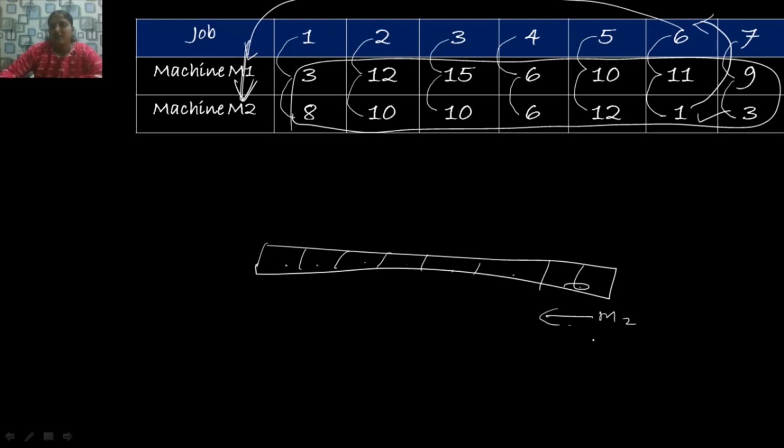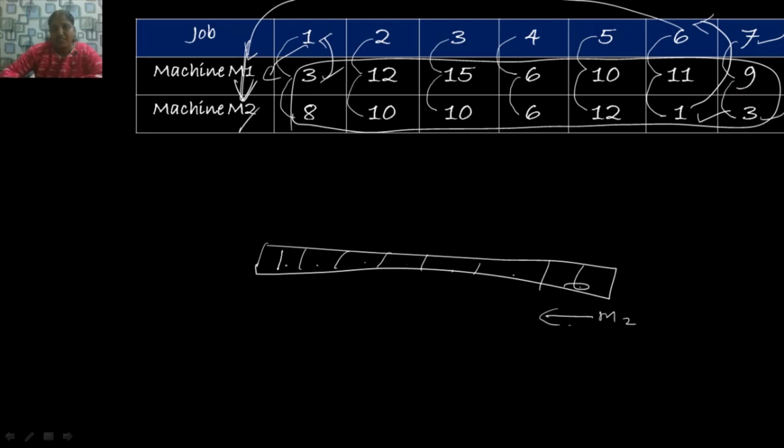The next minimum processing time is 3. This corresponds to 2 jobs: job 1 on machine M1, and job 7 on machine M2. If the value falls on the first machine, you have to place that job first in the sequence.